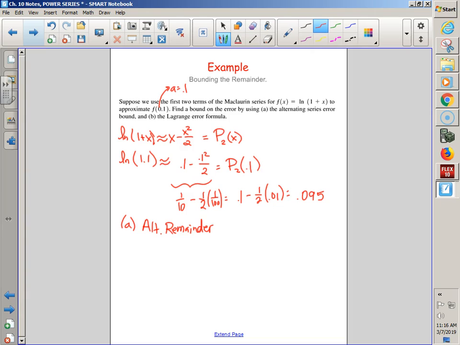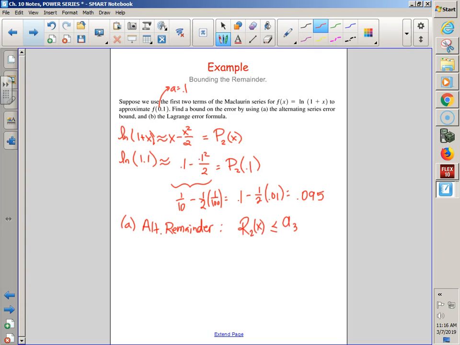Alternating remainder. What does that say? The remainder is less than or equal to a sub 3, because the alternating series just says it's less than the next term. What's the next term? x cubed over 3, right?